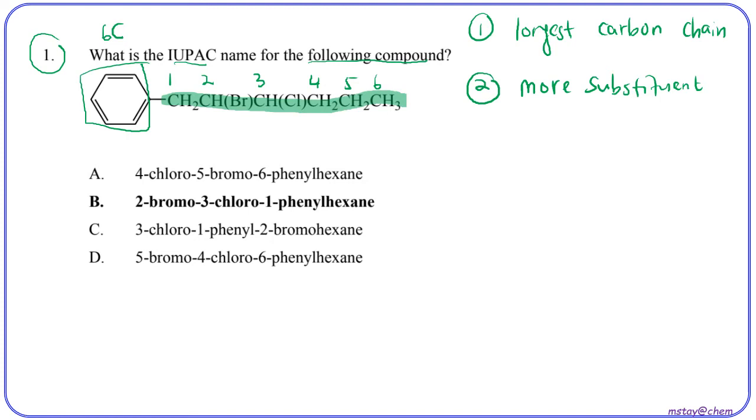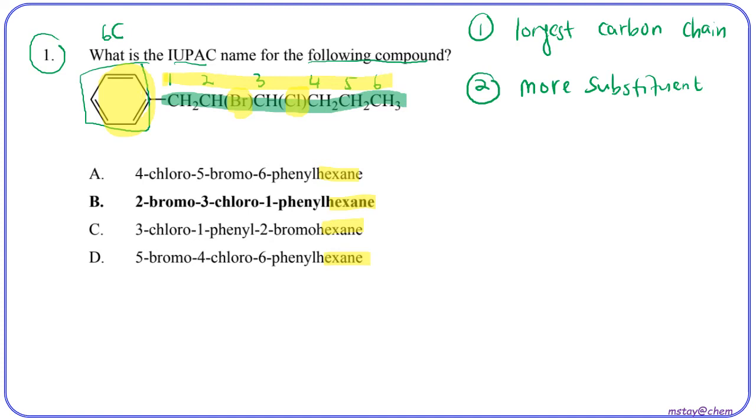However, if this straight chain is the parent, we can see the substituents are phenyl, bromo, and chloro. So in this case, definitely we are going to use hexane as the parent. That is why there is no benzene as the parent in this case. Then now we need to give the numbering.